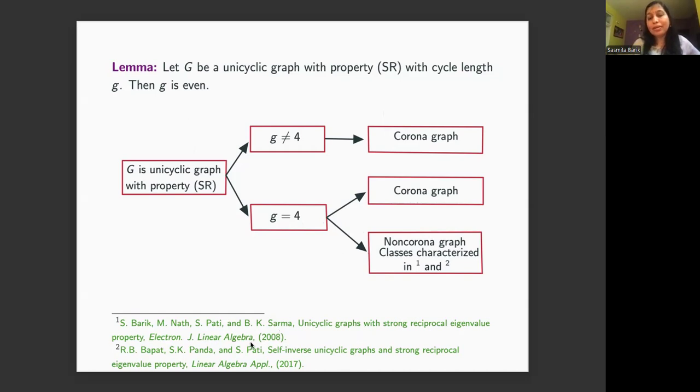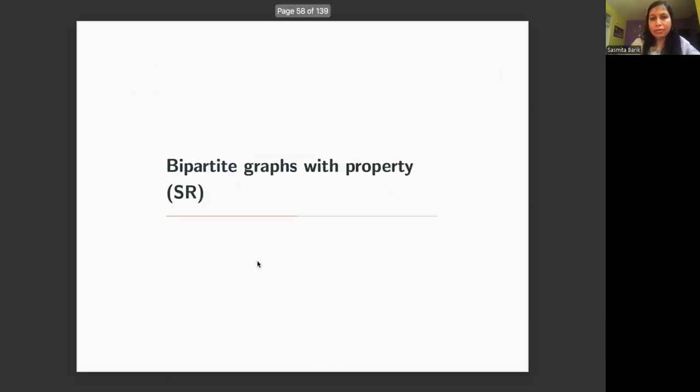We have described it in this way, but the complete characterization is not done. Now this problem is still open. Here only for the strong reciprocal eigenvalue property this classification is done, but for the reciprocal eigenvalue property, if G satisfies the reciprocal eigenvalue property and it's unicyclic, the characterization is not yet done. This is still open.